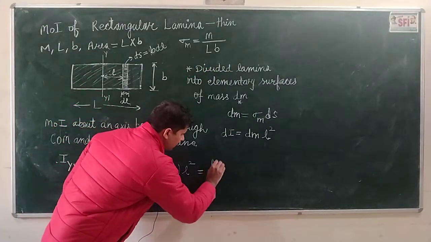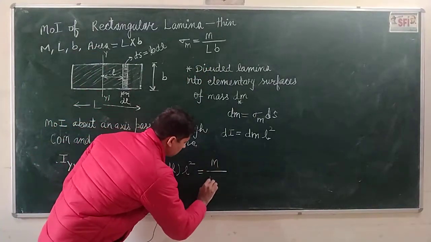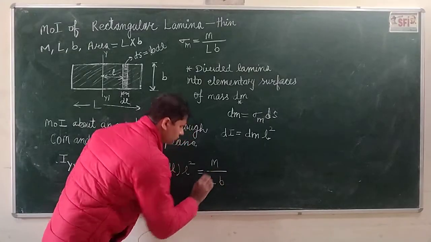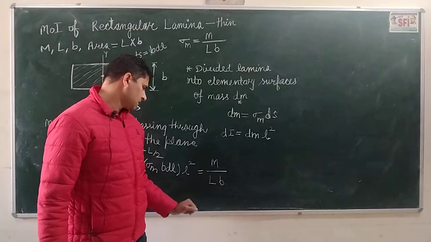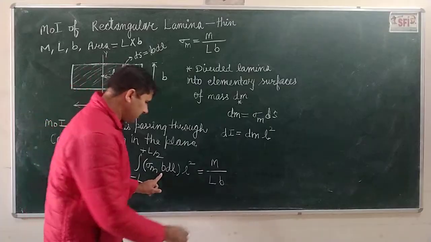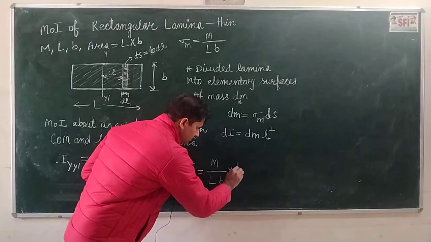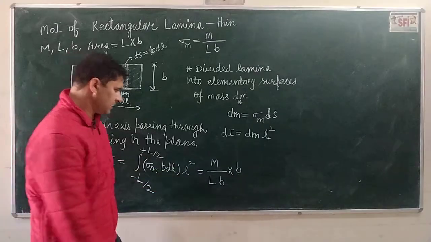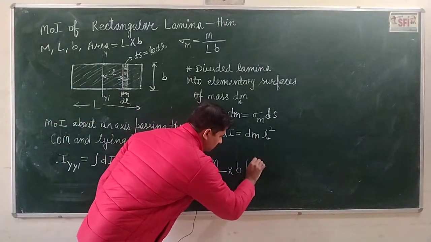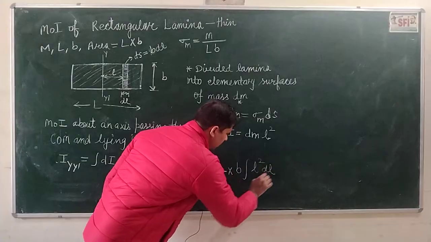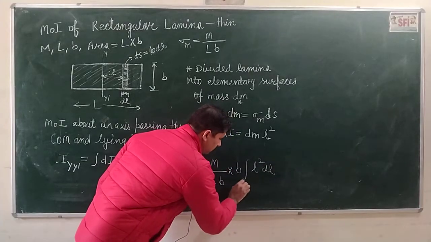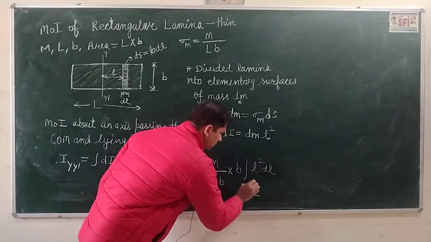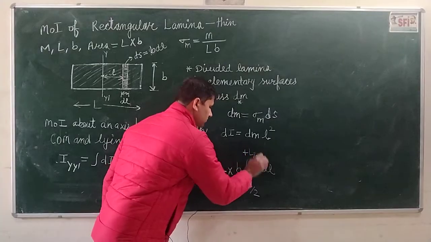So you will get m divided by capital L into the width of the lamina b, and then you have b, and then you have to integrate l square dl from minus L by 2 to plus L by 2.